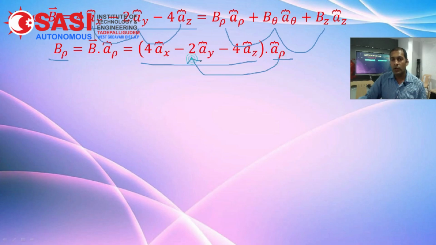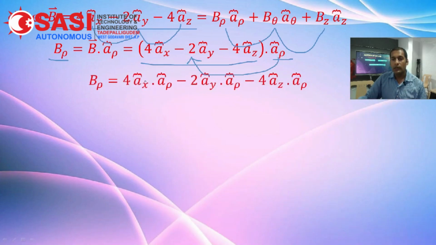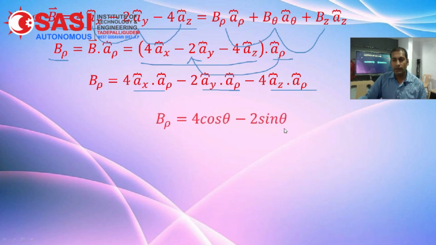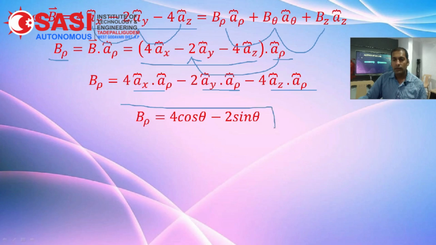Now we will take the product with each one: a_x cap dot a_r cap, minus 2 a_y cap dot a_r cap, a_z cap dot a_r cap. From our table of conversion we get B_r is equal to 4 cos θ minus 2 sin θ.